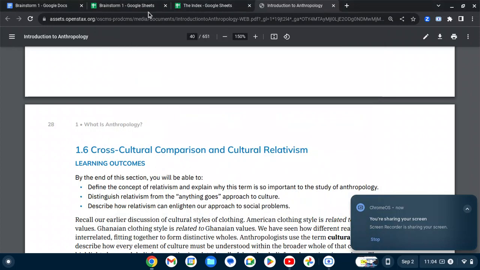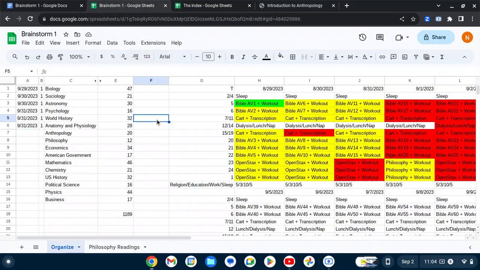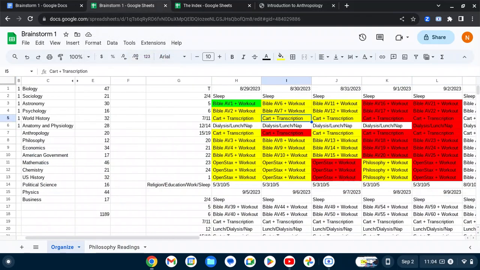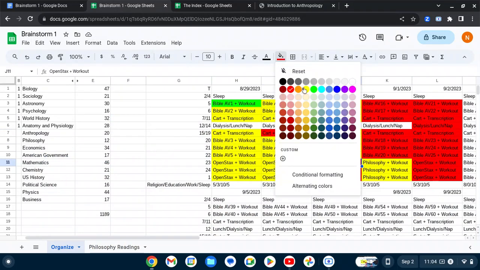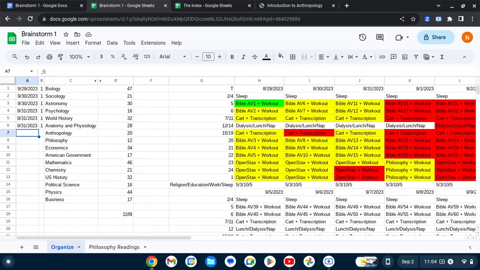Okay, next video, or next, I guess, next content. So I did one of these there. Let's get 2 more OpenStax done, and then 5 Bibles. Sheesh. All right, so this is 9, 2, 2023.